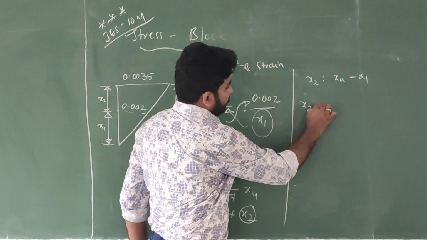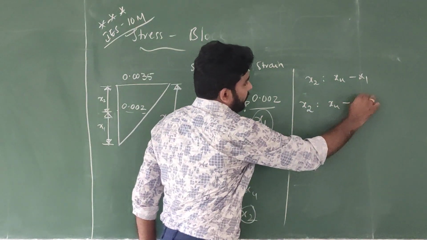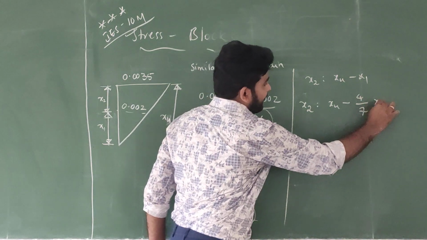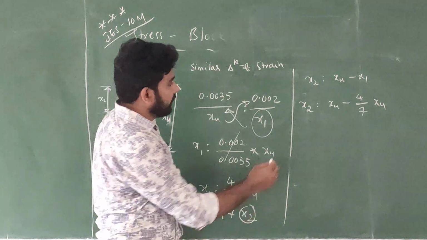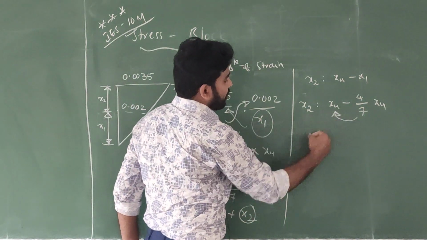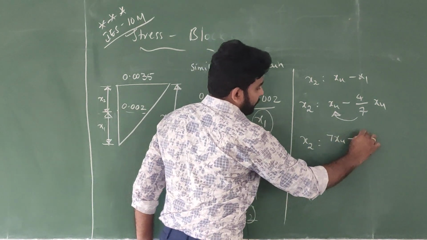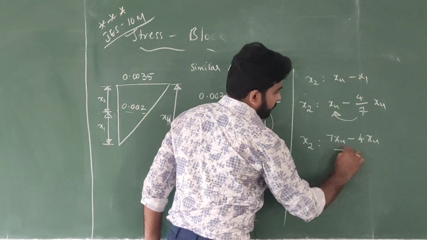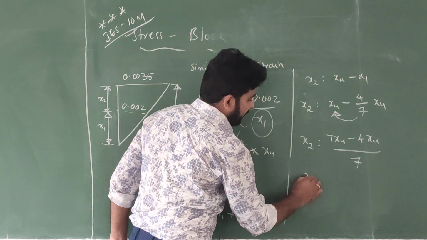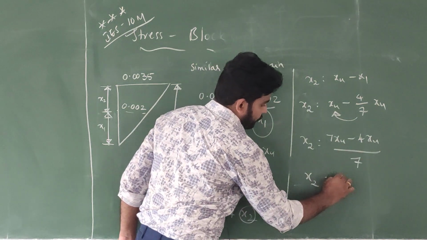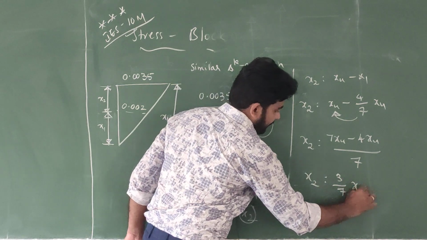x2 equals xu minus x1, which is 4 by 7 xu. Take LCM. What happens? x2 equals 7 xu minus 4 xu divided by 7. Therefore, x2 equals 3 by 7 xu.